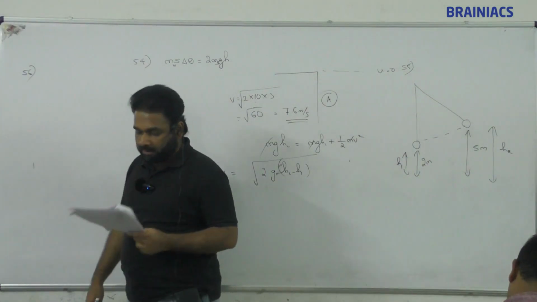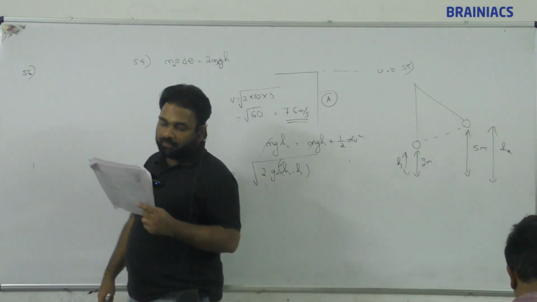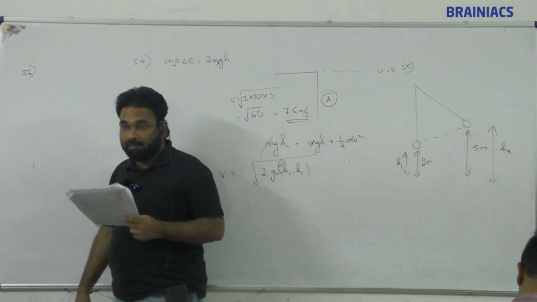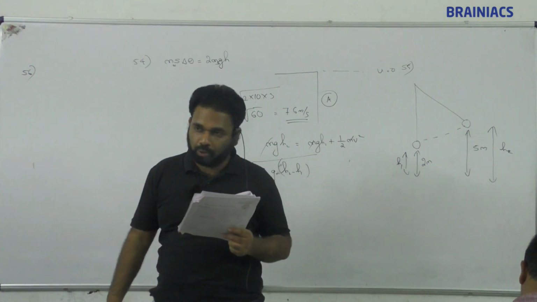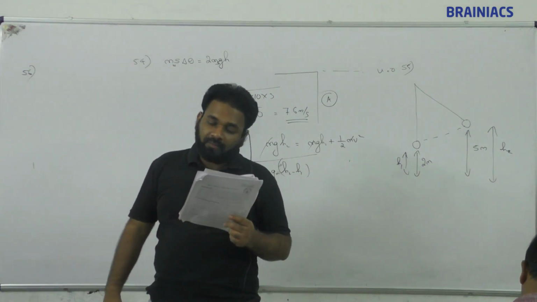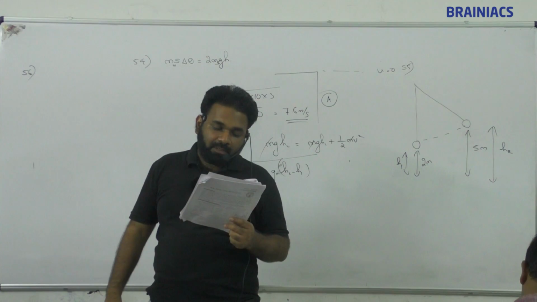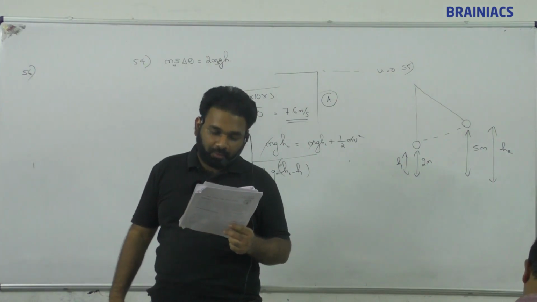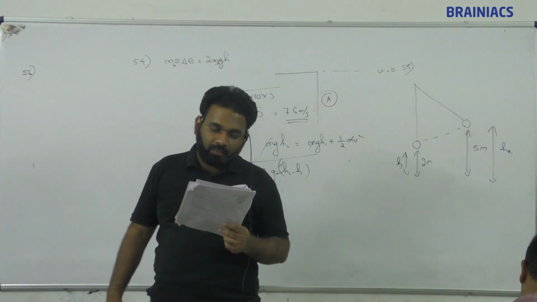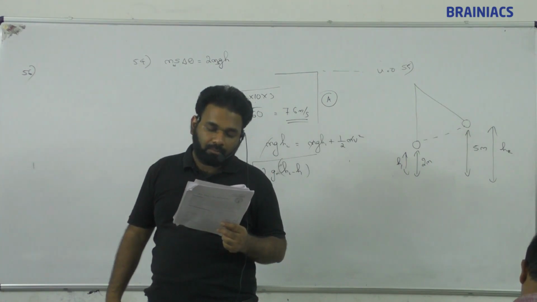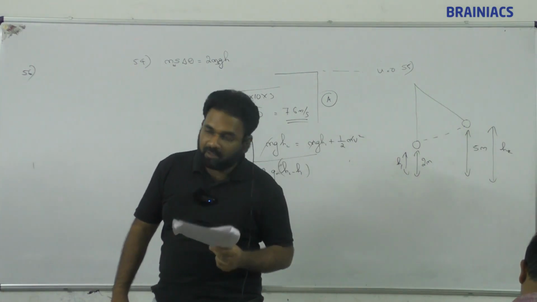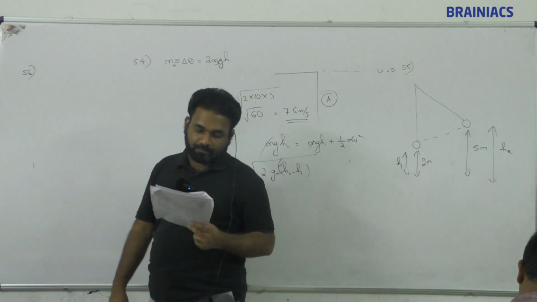The walls of the bowl are frictionless, but the base has a coefficient of friction 0.2. If the block is released from the top of the side, which is 1.5 meters high, where will the block come to rest? The length of the base is given as 15 meters.